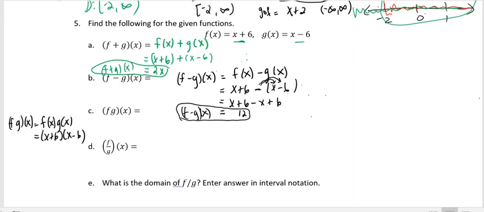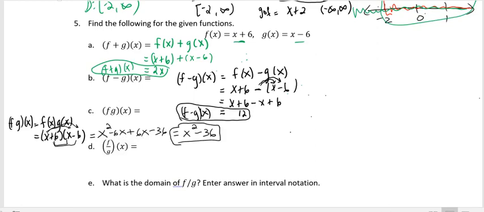So we're going to multiply. X times x is x squared. X times negative 6, negative 6x. 6 times x, positive 6x. 6 times negative 6, negative 36. Combine your like terms, so we get x squared. Negative 6x plus 6x is 0. So we're left with negative 36. Question on that one?